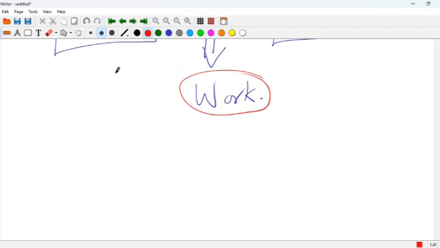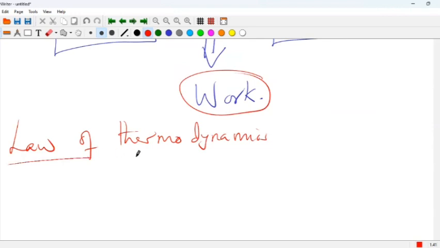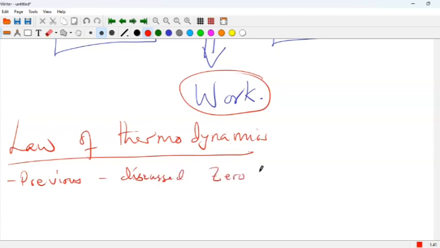And so we have the laws of thermodynamics. Previously, we discussed the zeroth law of thermodynamics. This is the law that we used to manufacture thermometers. It was used to make devices called thermometers.